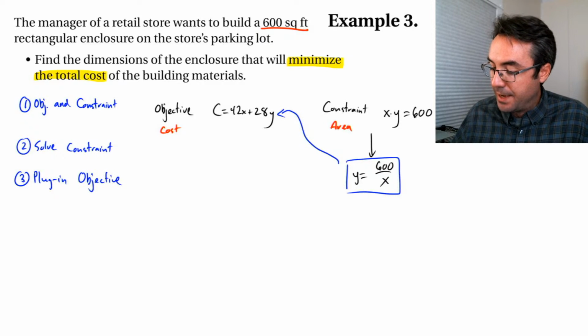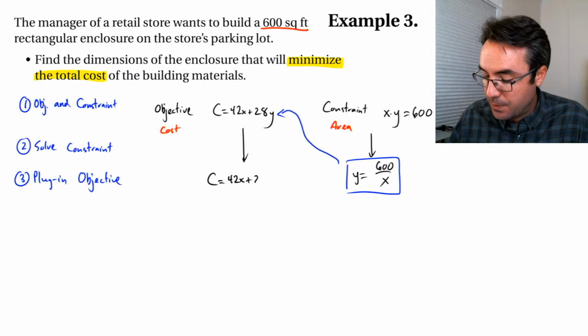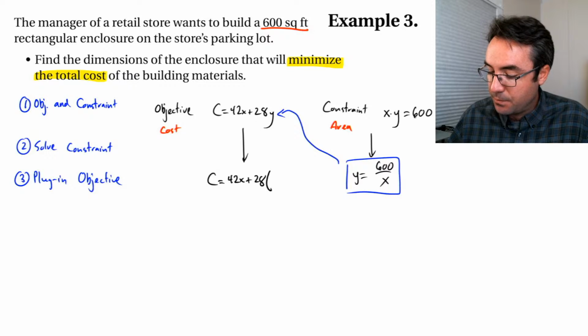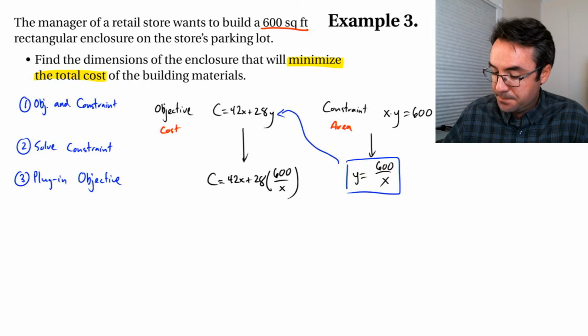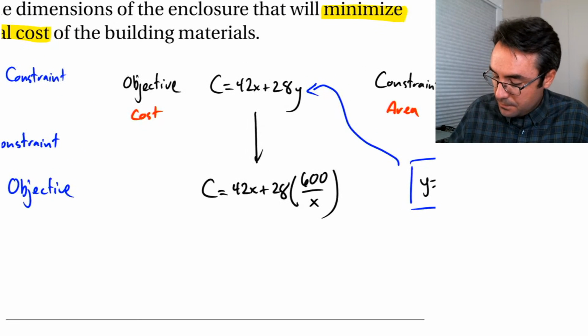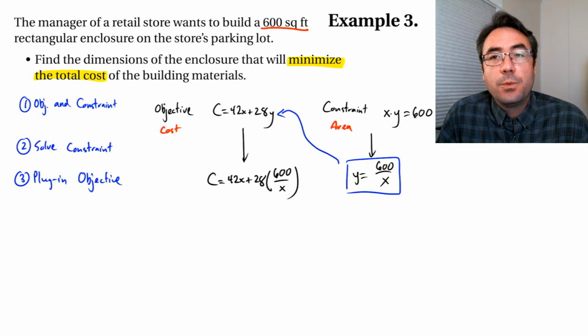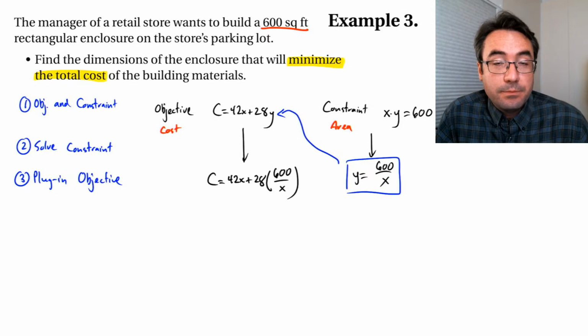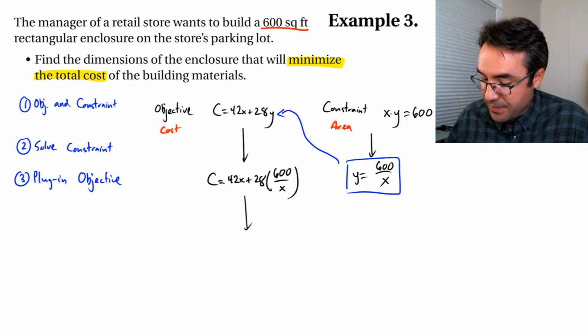And so when we do that, we get C is equal to 42x plus 28, and then instead of y, we're going to write 600 over x. And then if we simplify that down, we know we're going to be doing a derivative eventually, so let's write that with a negative exponent.